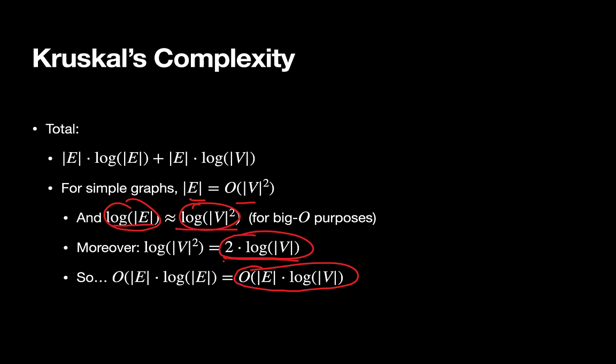Essentially 2 times number of edges log number of edges, but we're substituting the log of the number of vertices, which will be an upper bound on the log of the number of edges.